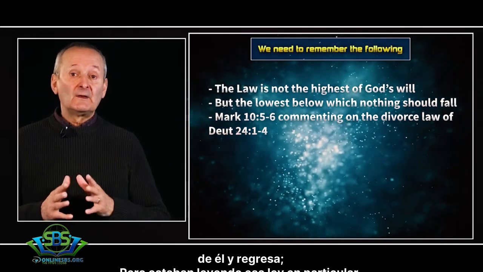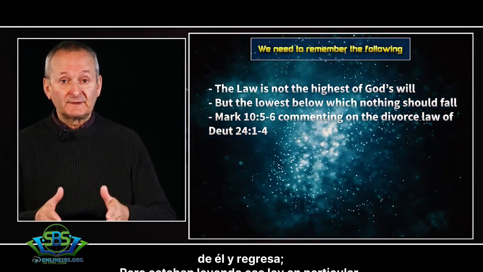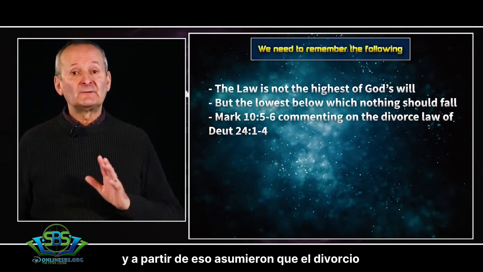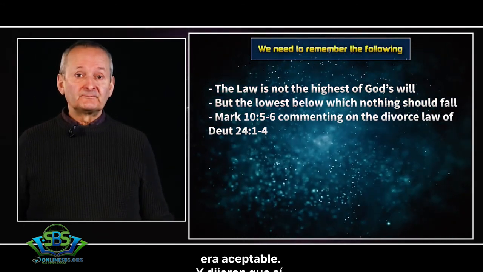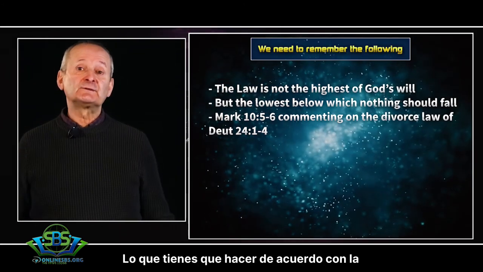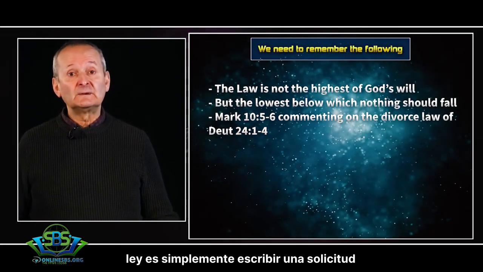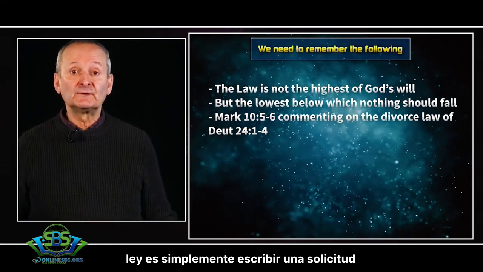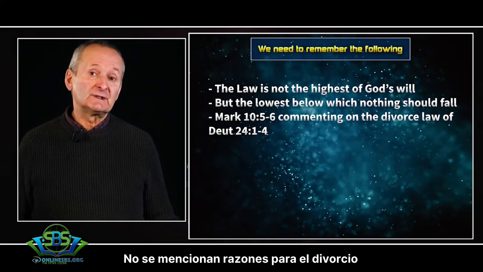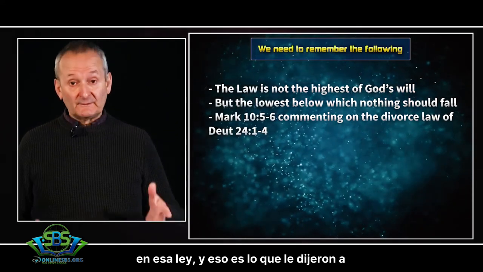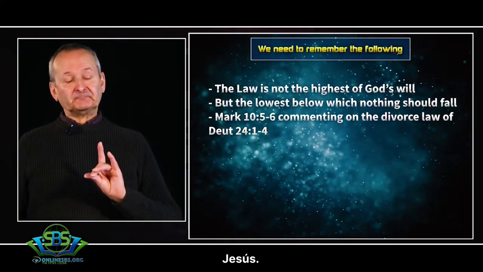But they were reading that particular law, and from that they assumed that divorce was acceptable. And they said, yes, what you have to do, according to the law, is simply write out a bill of divorce. There isn't any reasons for the divorce mentioned in that law. And so that's what they said to Jesus.